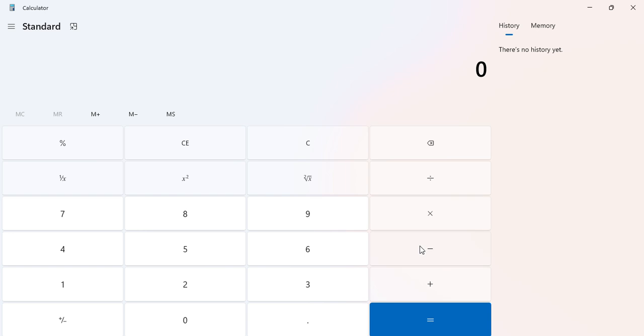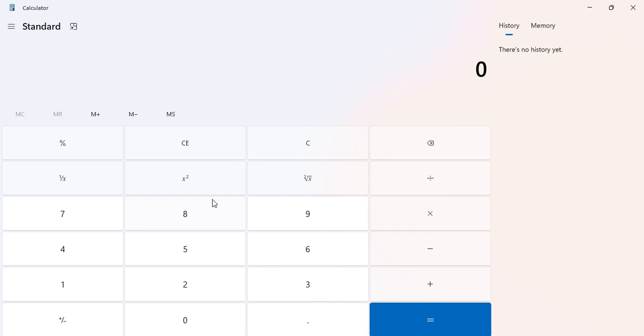The screen which you are watching is simply called a standard calculator. Here you can find the word standard. In the standard calculator, you can use all the normal functions along with some advanced functions like square roots or squares, and some extra features also.